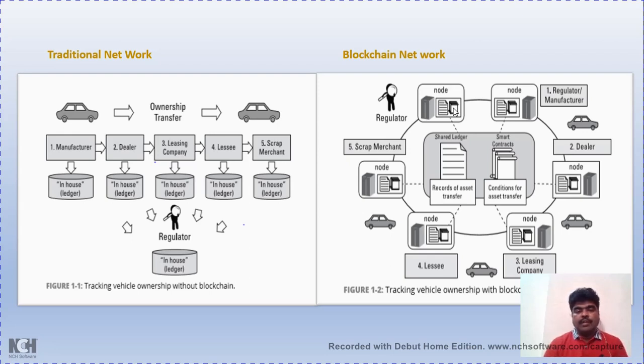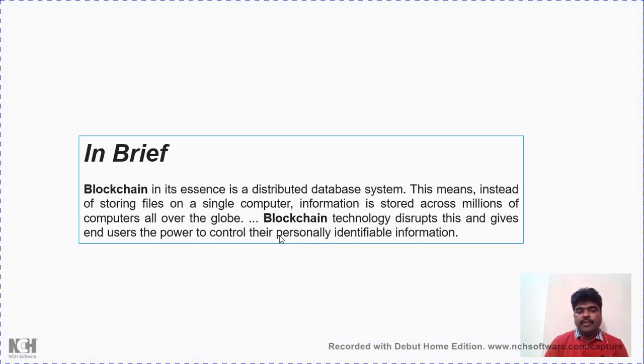There are several examples where the blockchain framework is being used. Bitcoin is one example, and Ethereum is one blockchain network where smart contracts are possible. And nowadays we are also seeing Hyperledger, a framework built upon blockchain networks. So, in brief, blockchain is a distributed, decentralized system.